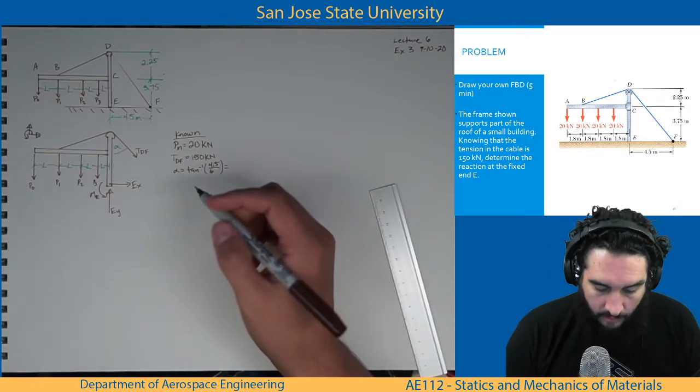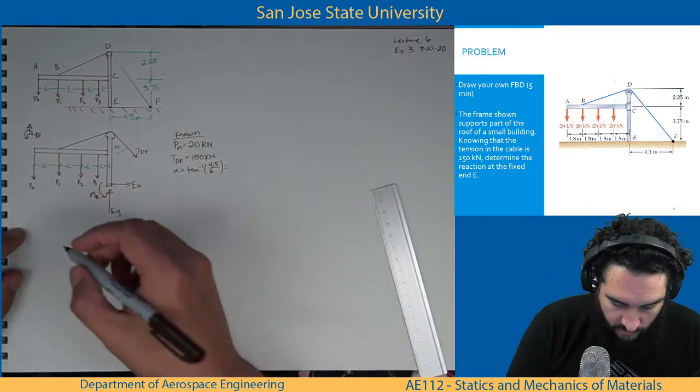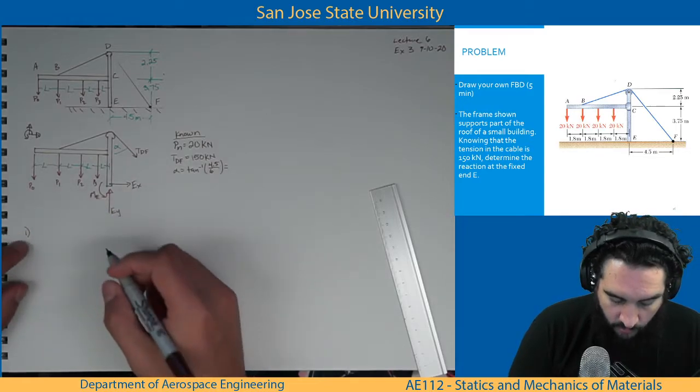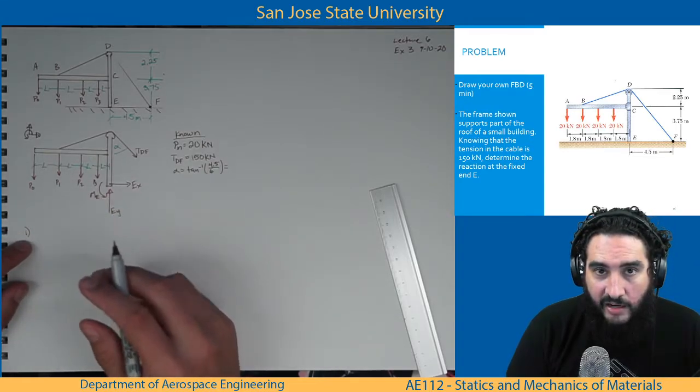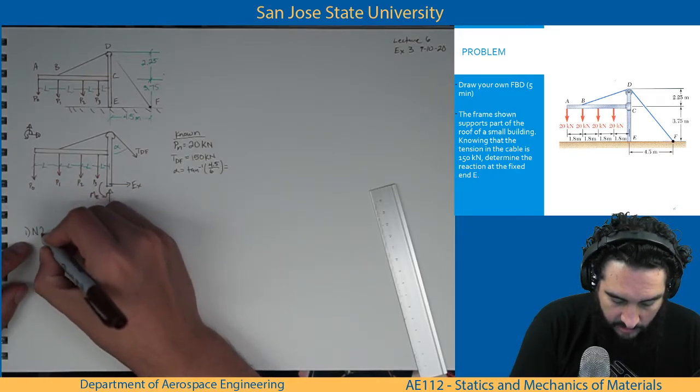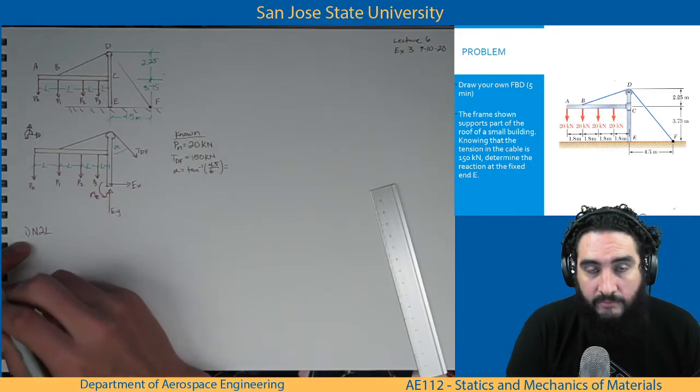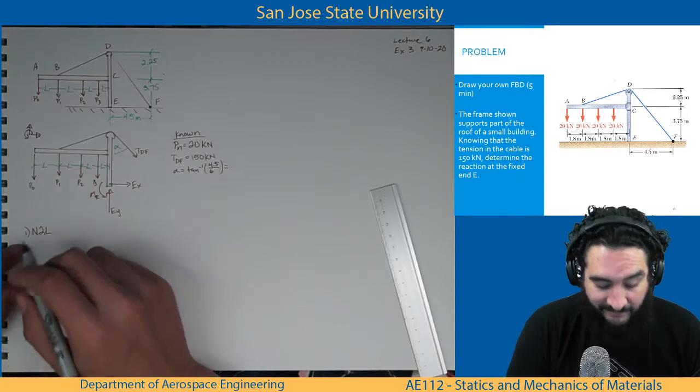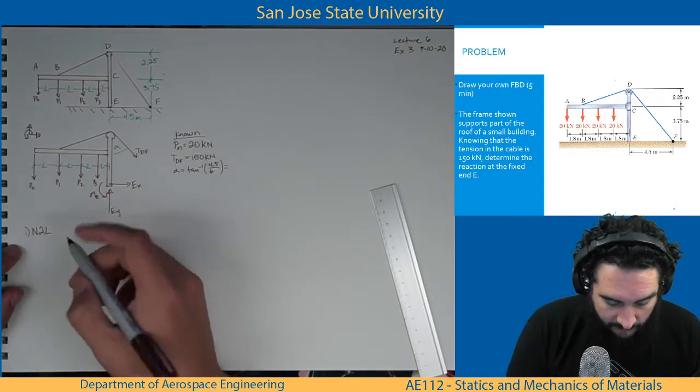Okay. All right, so let's move on to step 1. And I'm going to stop writing out Newton's second law, and I'm just going to start writing N2L. Because I'm cool like that, I guess. But Newton's second law.